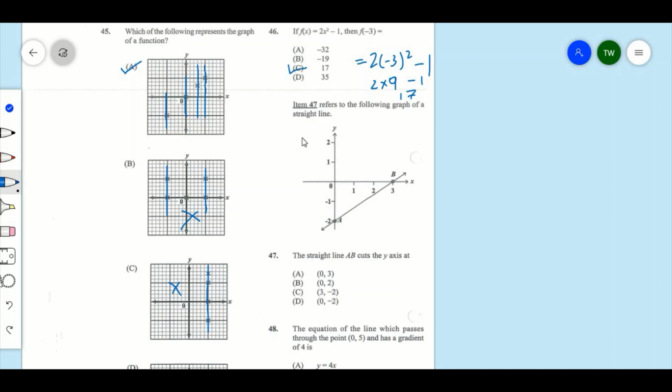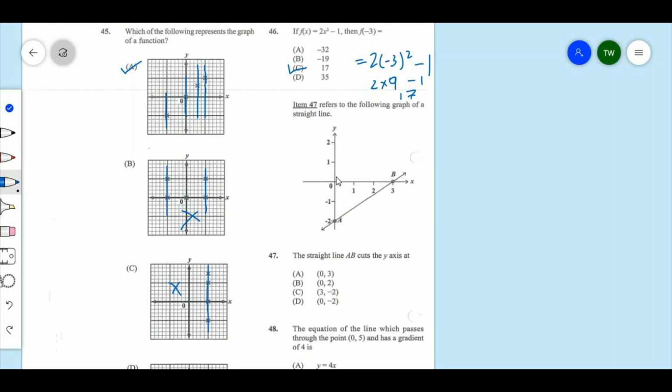Item 47 refers to the following graph of a straight line. Here we have a straight line and we have 2 points on this line, point B and point A. Now 47. The straight line AB cuts the y-axis at, now when you look at this point here, the graph cuts the y-axis at -2.